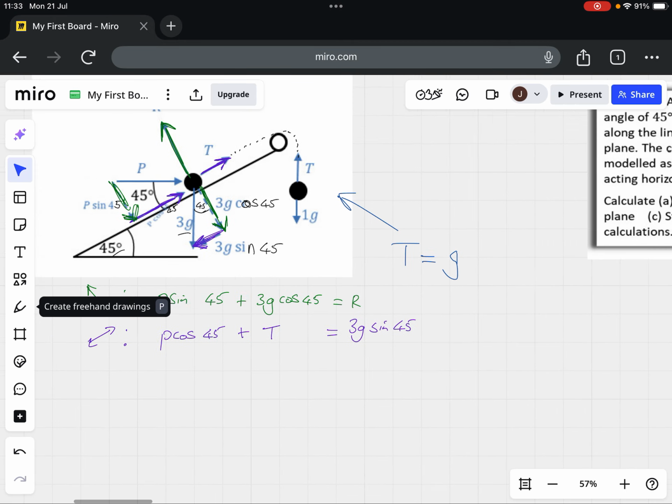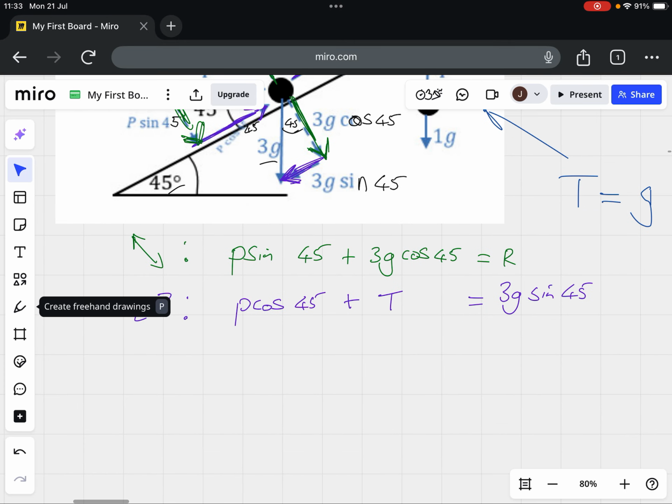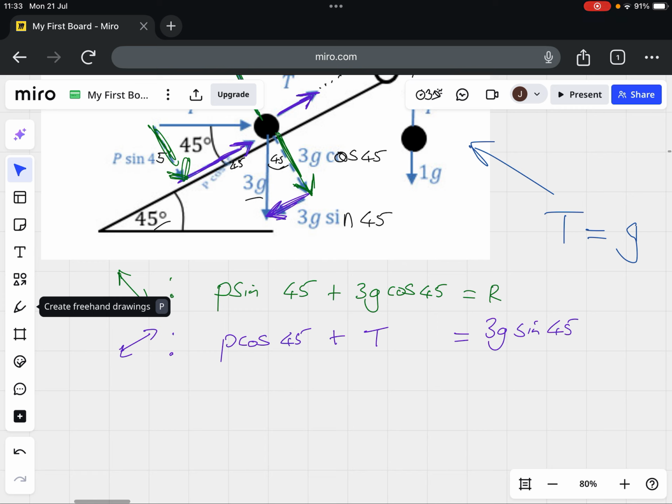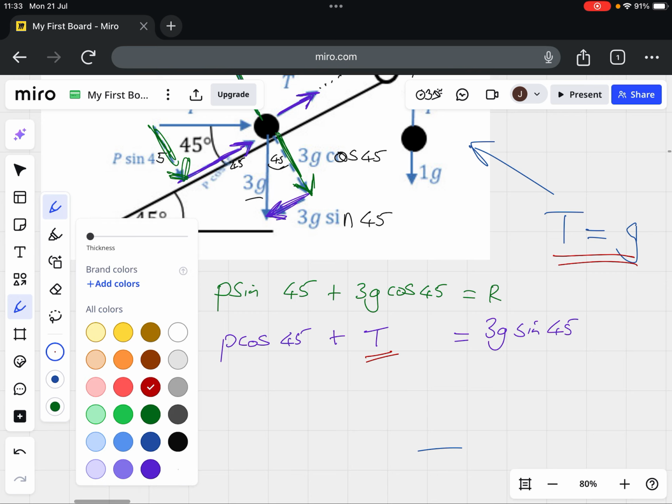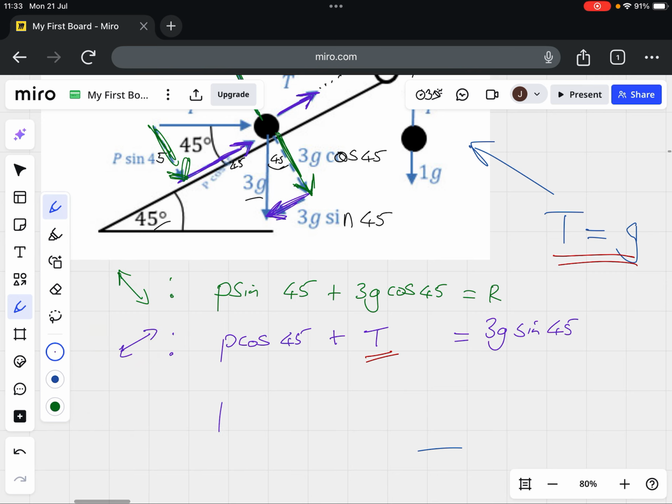Calculate the magnitude of P. So what's the easiest way to do that? It's going to be solving a few equations, isn't it? So if I know that T is equal to G, I can use that anywhere in the diagram where T appears. So here, for example, I could rewrite this one now. I could say P cos 45 plus G equals 3G sine 45.